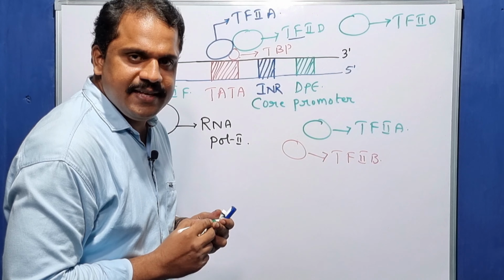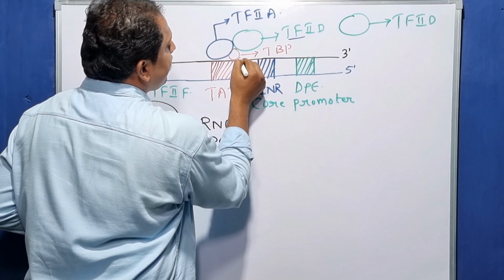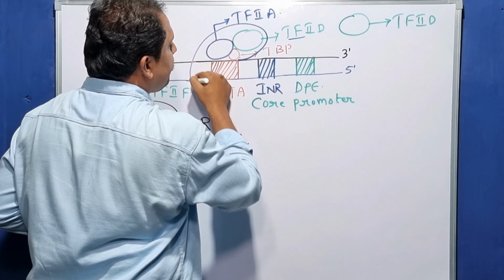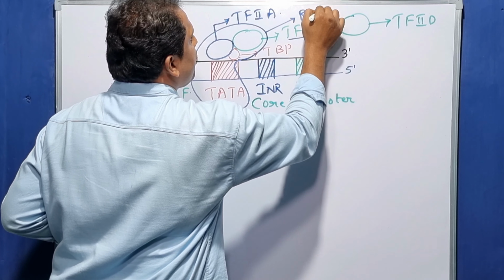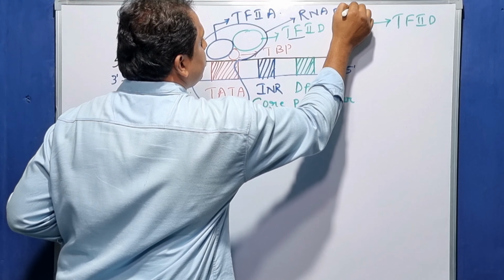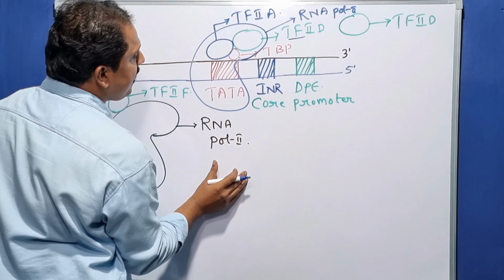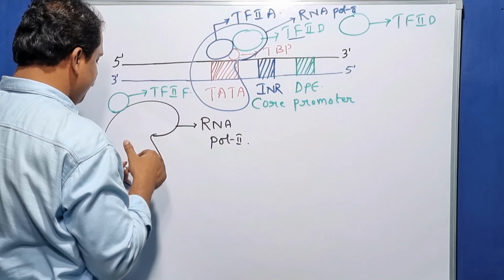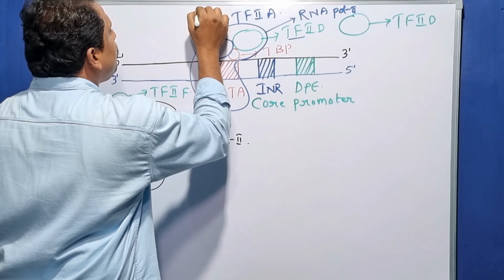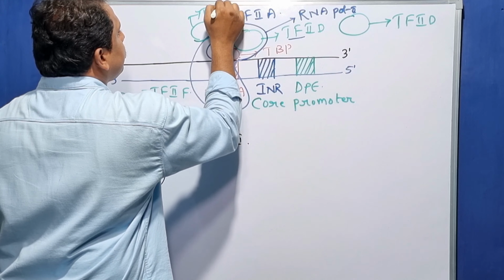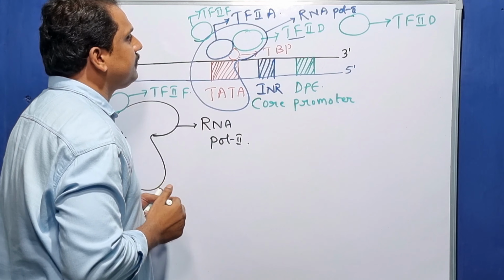So let me erase things first. So here it is RNA polymerase II. Let me write it here. RNA polymerase II, by taking advantage of a specific factor, which is nothing but TF2F. Is it okay?